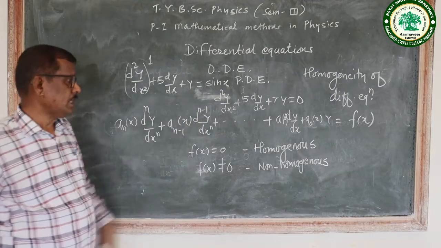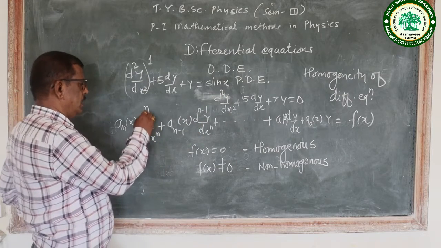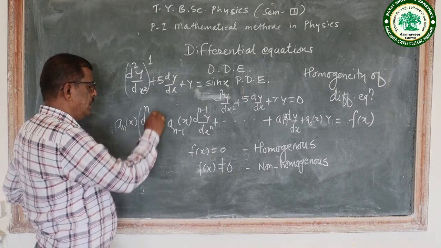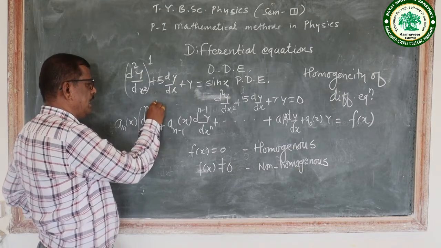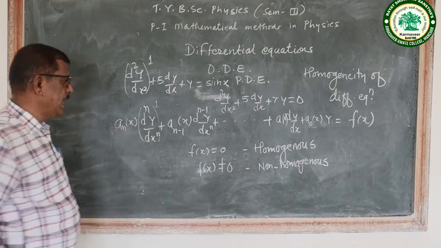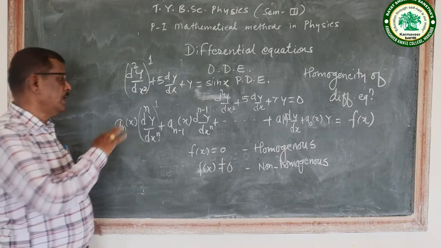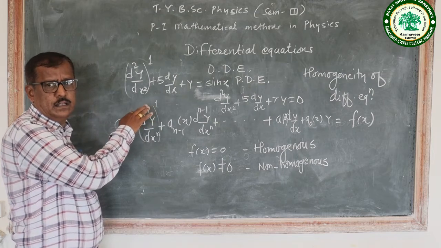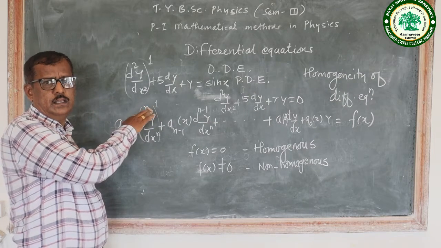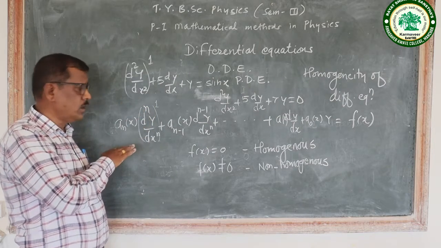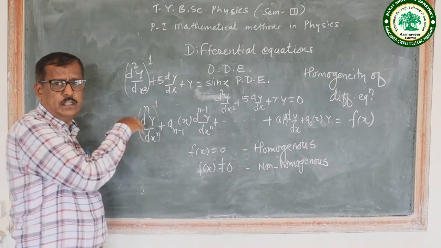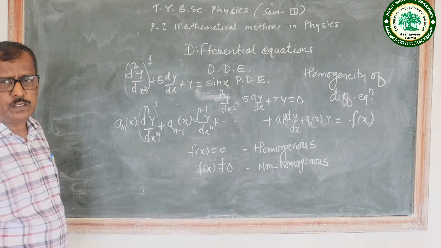Secondly, here d raised to n y divided by dx raised to n. In this differential equation, again, for the highest term the power is 1, so the degree is 1, and the order is n. The power is nothing but the degree of a differential equation.